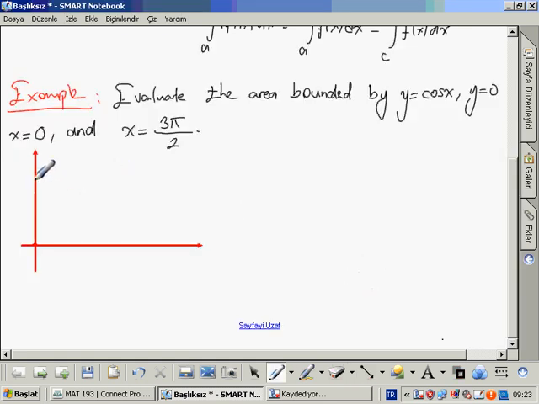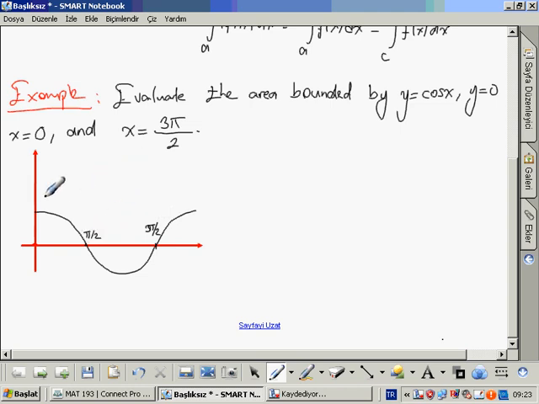We know the cosine x graph looks like that, and this point is 3 pi over 2, and this point is pi over 2.